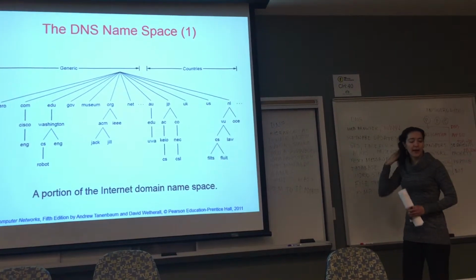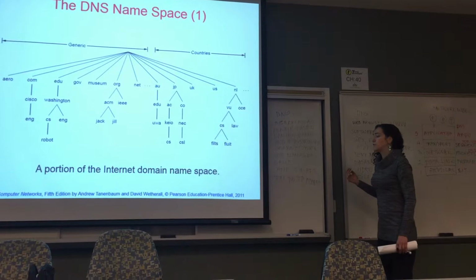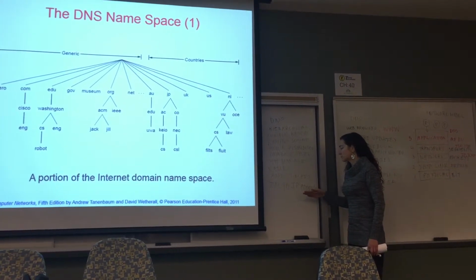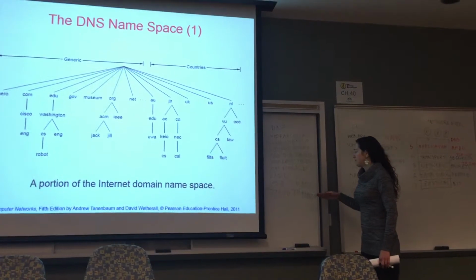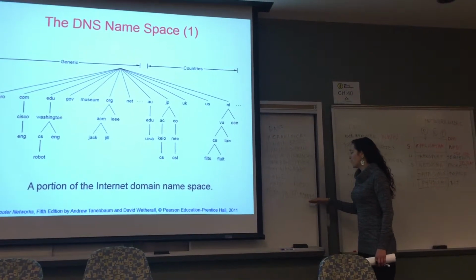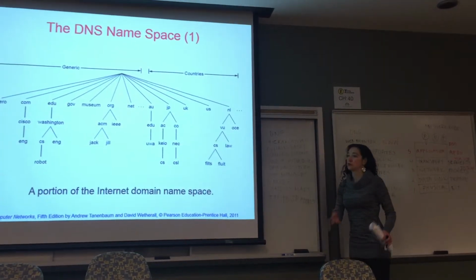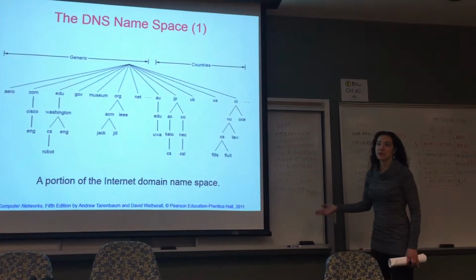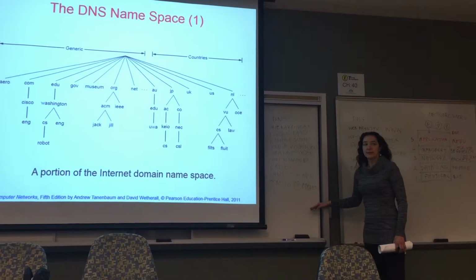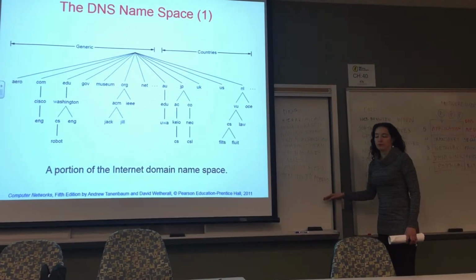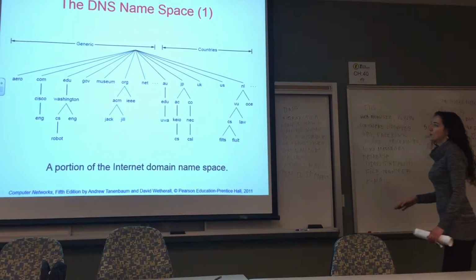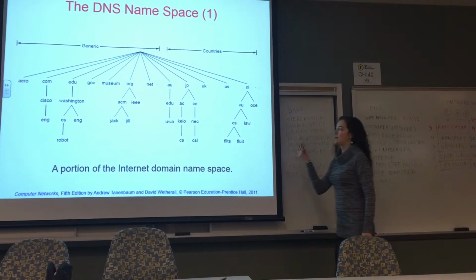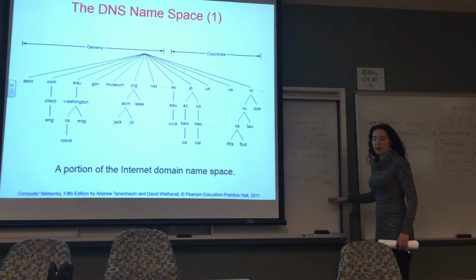And we don't want to have two or three different names mapped to that address. So we don't want to have the same address assigned to two or three different machines, because then we would not know which one the packet is addressed to. So what we want to do is to make sure there's one unique domain name per IP address.